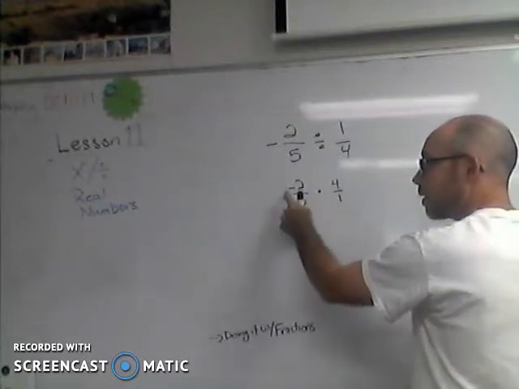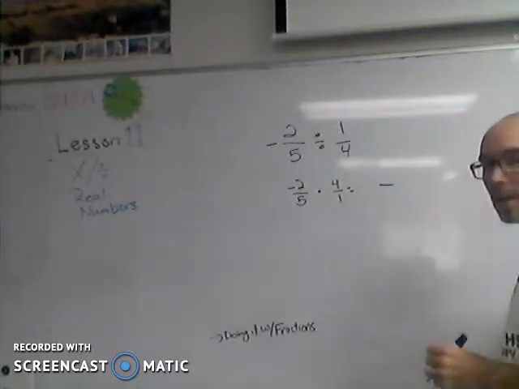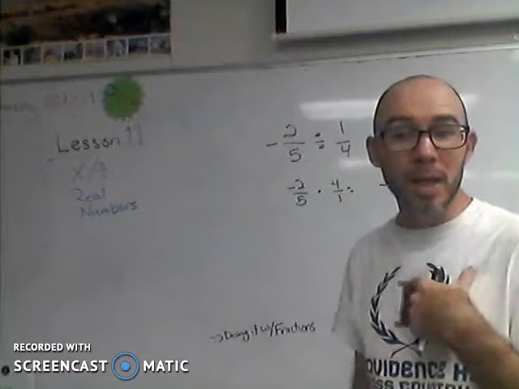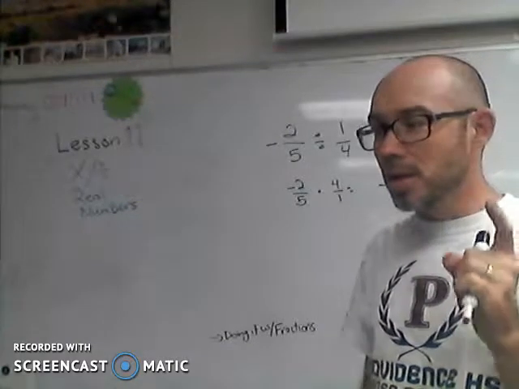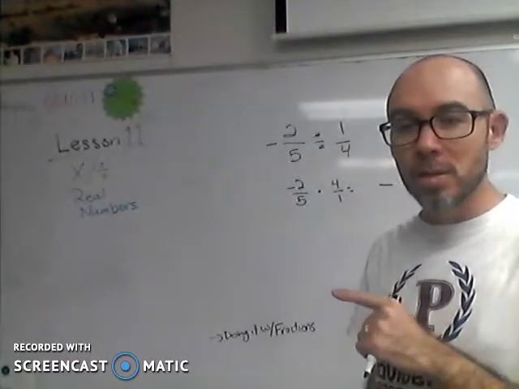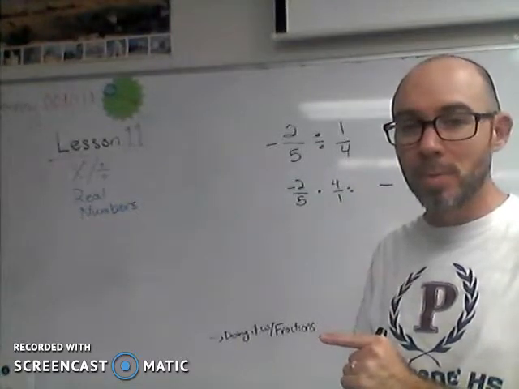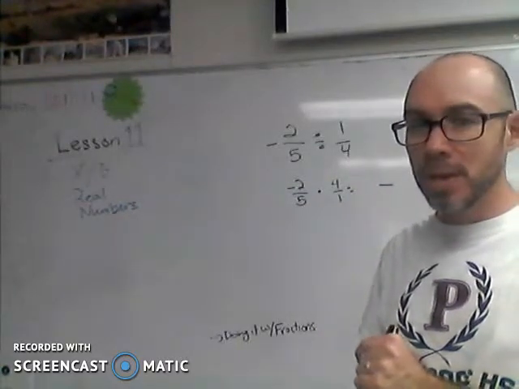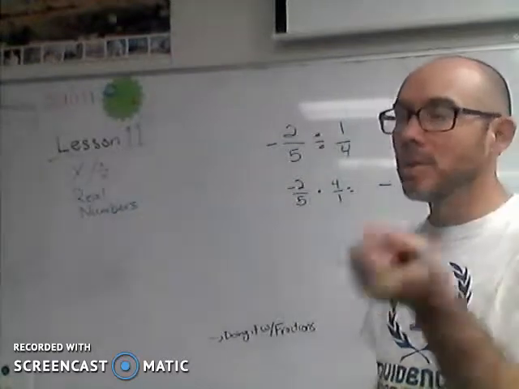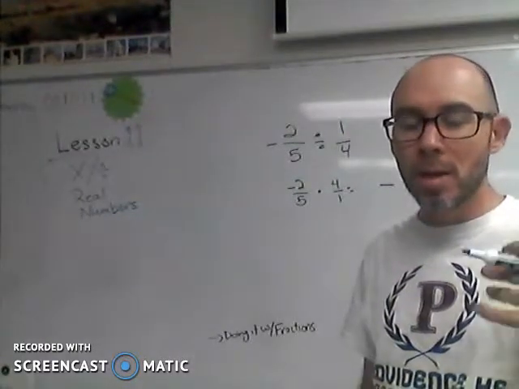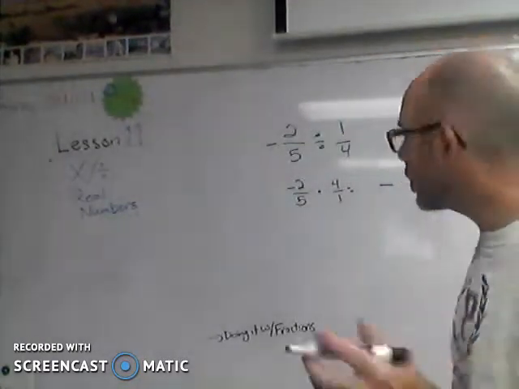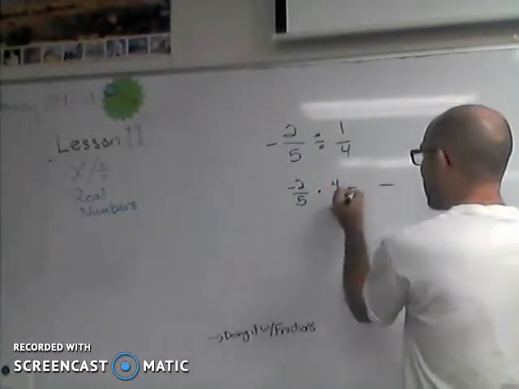Now, this is a positive and this is a negative, so my answer has to be negative. And I think it's a good idea to start writing down your answer as soon as you know something about the problem. You don't have to wait to the end to write the whole thing down. You can write the negative down right away. You know it's going to be negative because you got a positive and a negative in there, and that makes a negative.